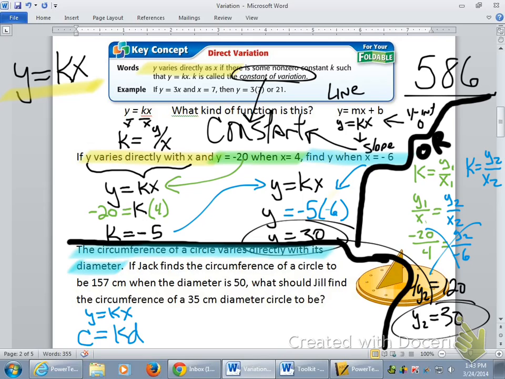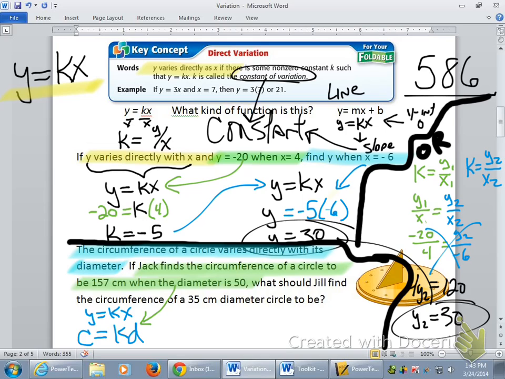So let's plug in. We've got Jack and Jill right here. When Jack's trying to figure this out, he found out that the circumference of a circle was 157 when its diameter was 50. So according to Jack's information, we can plug that in and find out k.